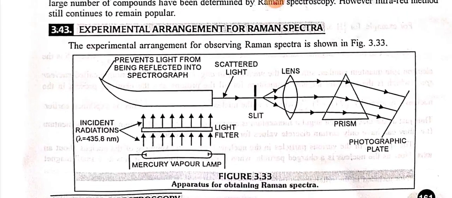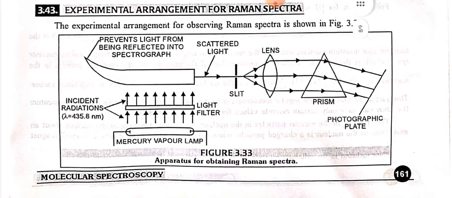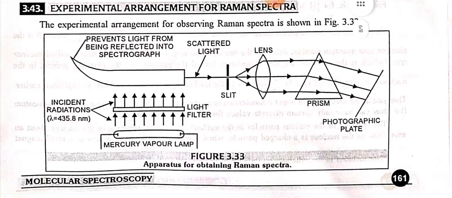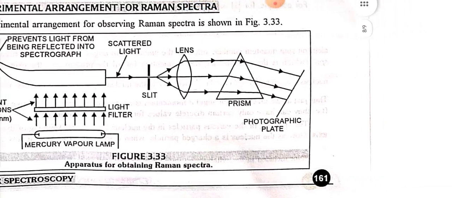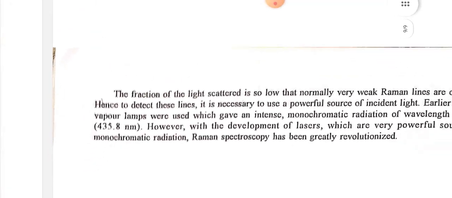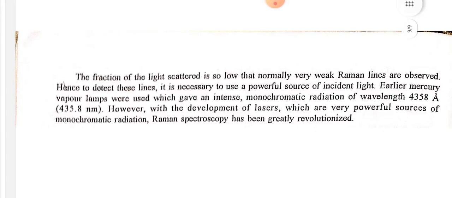Section 3.43. Experimental arrangement of Raman spectra. The experimental arrangement of Raman spectra is shown in this figure. The fraction of light scattered is so low that the normally very weak Raman lines are observed.